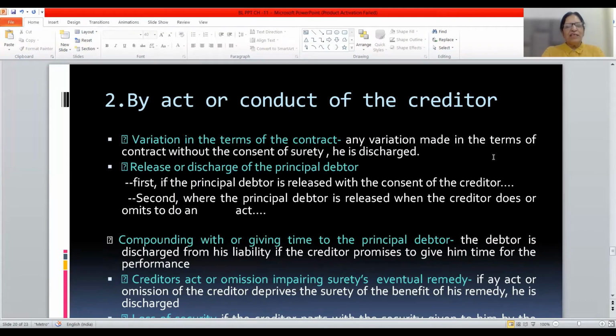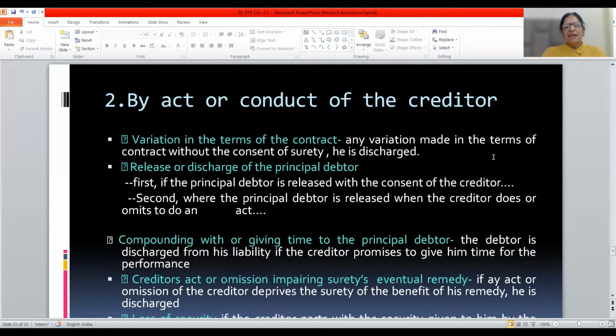Moving ahead, friends, compounding with or giving time to the principal debtor. Debtor is discharged from his liability if the creditor promises to give him time for the performance. Surety is discharged from his liability if the creditor promises to give him time for the performance. Now, any compromise which takes place between the debtor and the creditor.